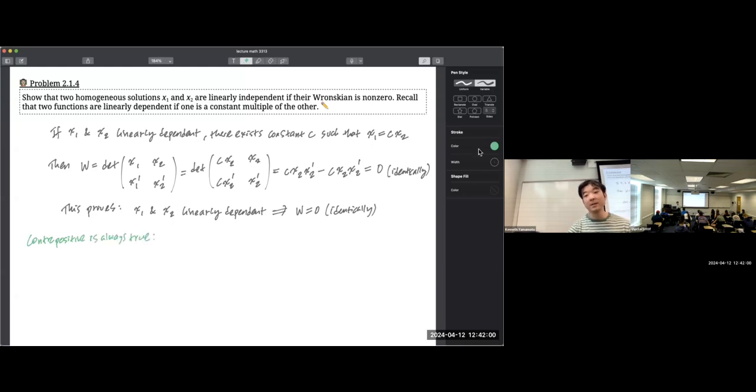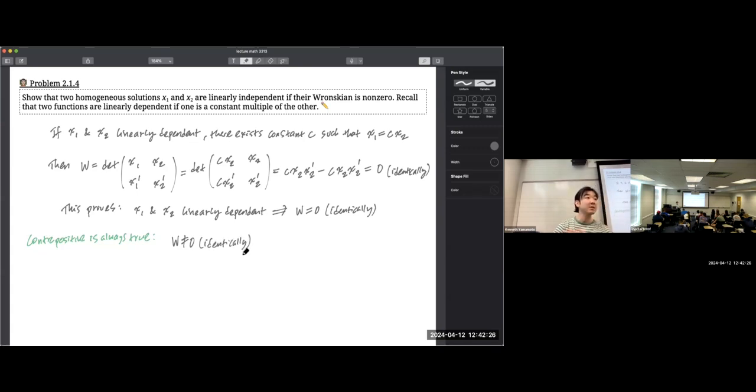But what is the contrapositive? If A, then B, the contrapositive is if not B, then not A. So I'm going to negate this. I'm going to say not this, which means that the Wronskian is not equal to 0. I guess I'll say identically. So it could be 0 at some point.